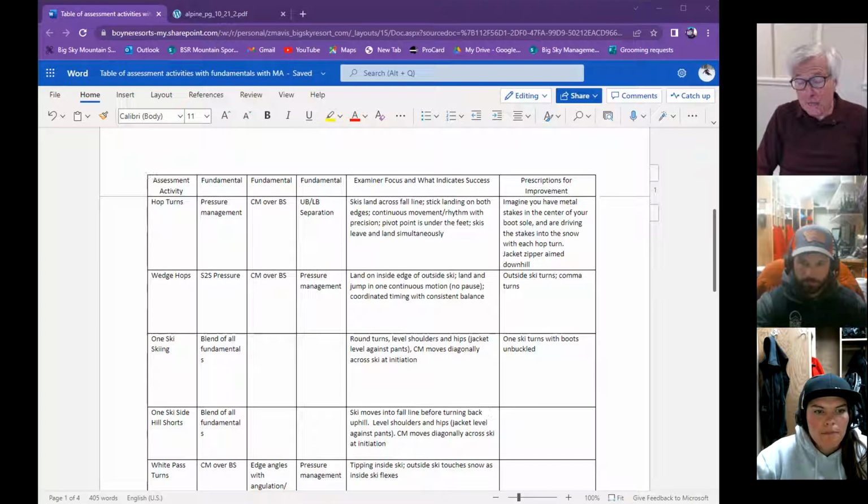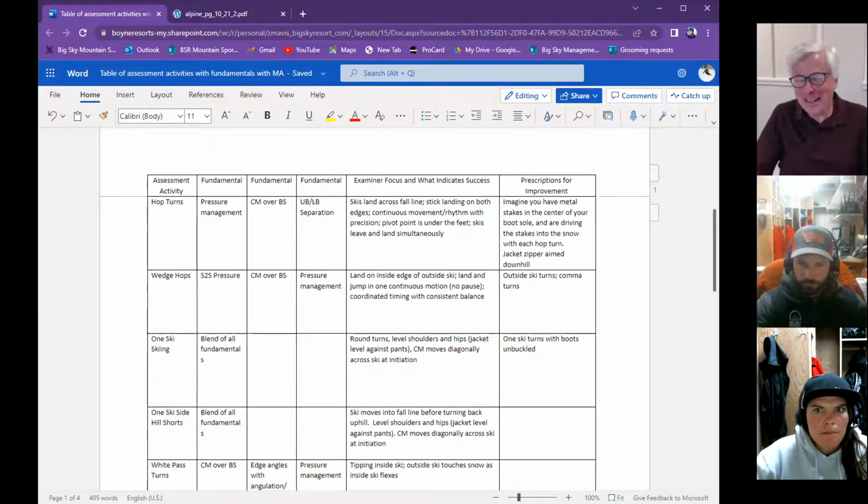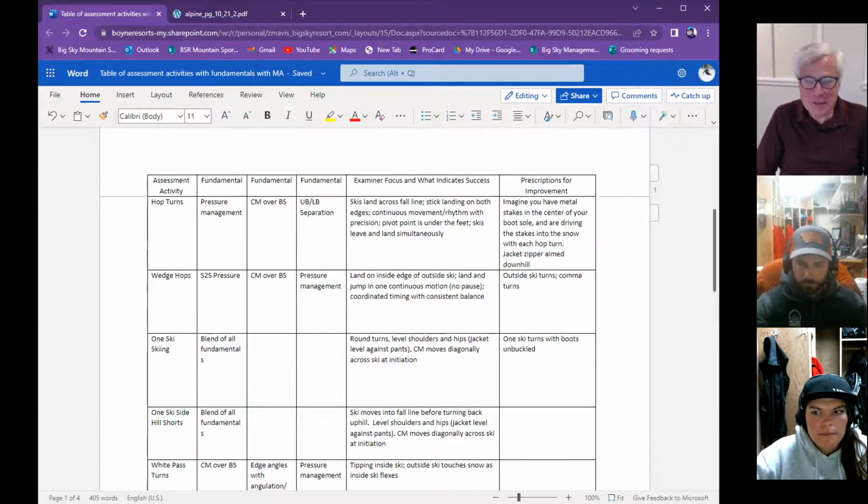And then finally, some thoughts I have about what might be good prescriptions for improvement. The grid is not complete because my own thinking is incomplete. And that's why I reached out to AJ and Zoe and said, hey, I'd like some help filling this out, but also thinking it through and checking my thinking to make sure that I'm on track.